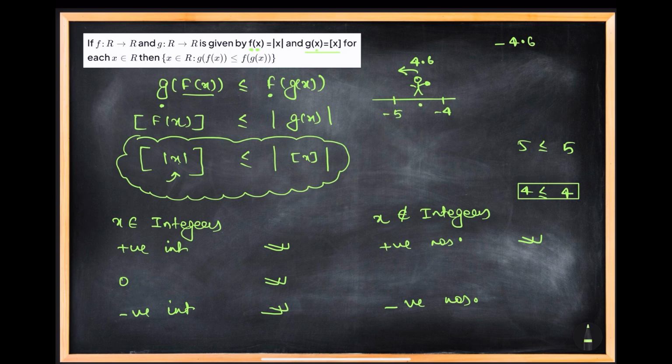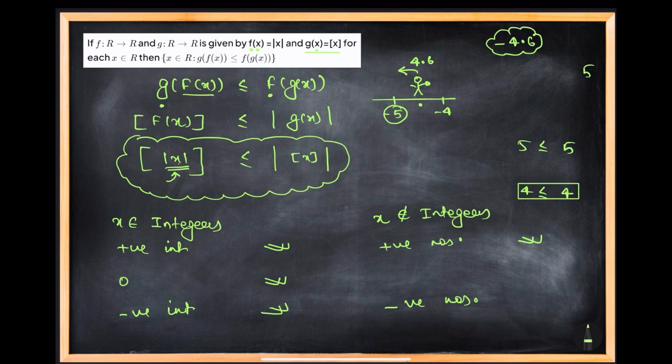So at minus of 4.6 you will move towards left hand direction, you will find minus of 5. So you got minus of 5, and then you will put mod, then it will become plus of 5, right?